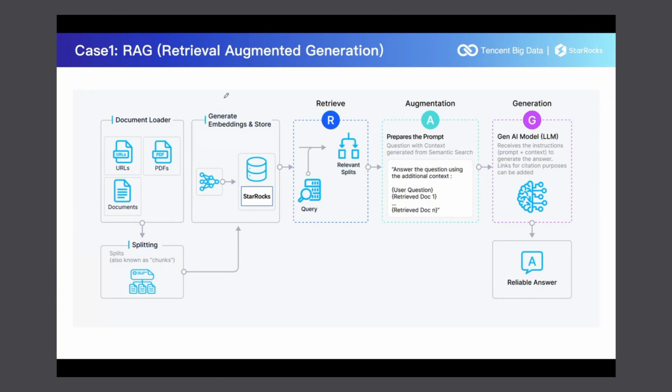It takes the question, then searches the vector database to retrieve relevant documents, and then it uses the found contents to generate more detailed and accurate responses. Some chatbots in Tencent are using our system, StarRocks, as a vector database for RAG.